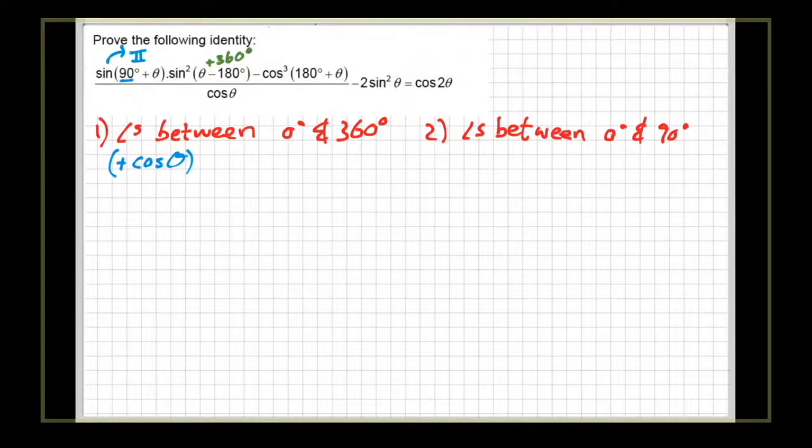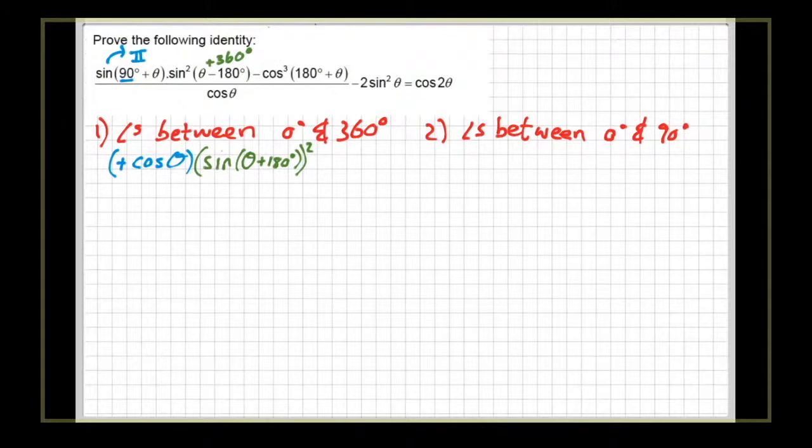So sin of theta, negative 180 plus 360 is plus 180 degrees. And I put my square outside, so that I don't forget that no matter what is inside the bracket, I've got to square it.